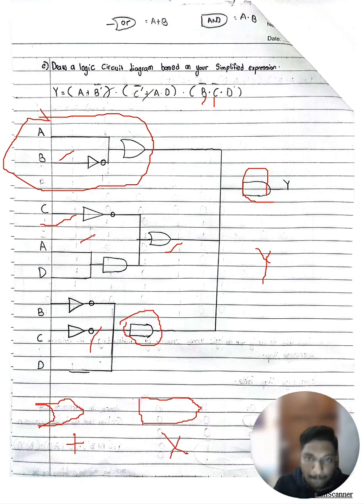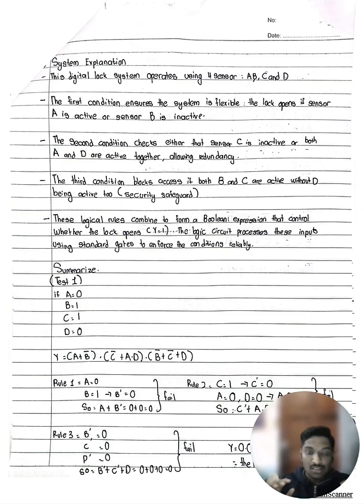So A plus B bar, C bar plus AD, and B bar, C bar, D. At the final expression, we can get Y, which is this one. So this is E. Then next, I would like to continue with the final question.